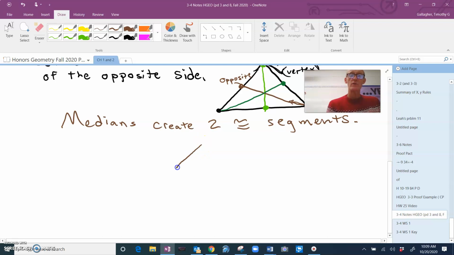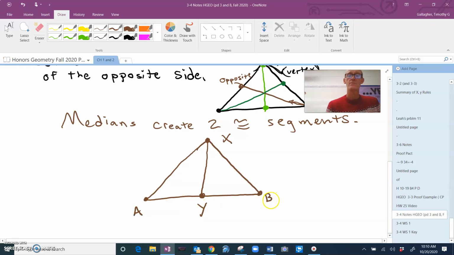What that means is this. I have a vertex, I'll call it point X. And then I have a median, and I'll call this point Y. And this point and this point need letters.